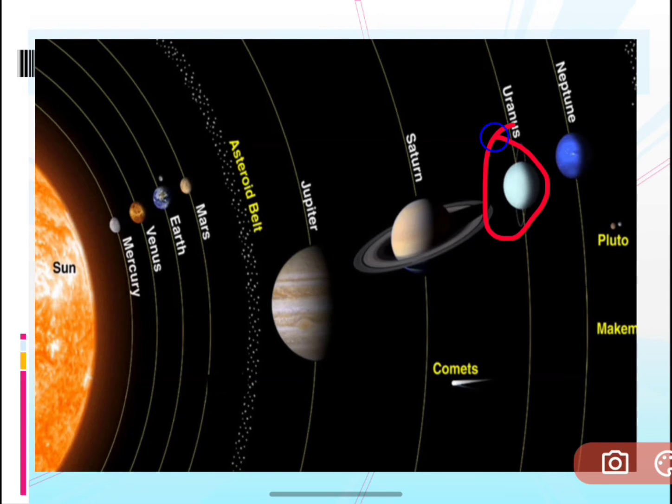Next you have Uranus. It is believed that it is the coldest planet. It is not proved, but we believe that it is the coldest planet and it has an icy surface. We have learned that these planets rotate, isn't it?